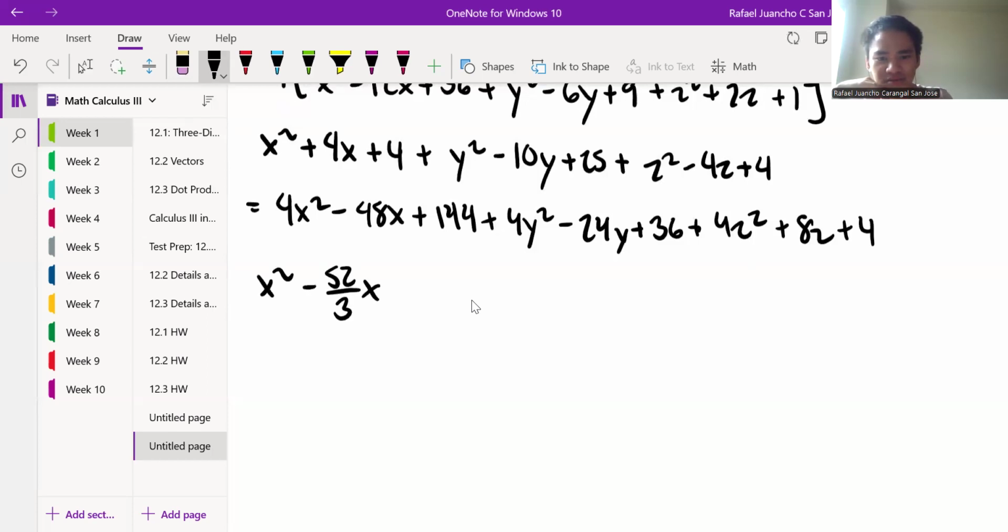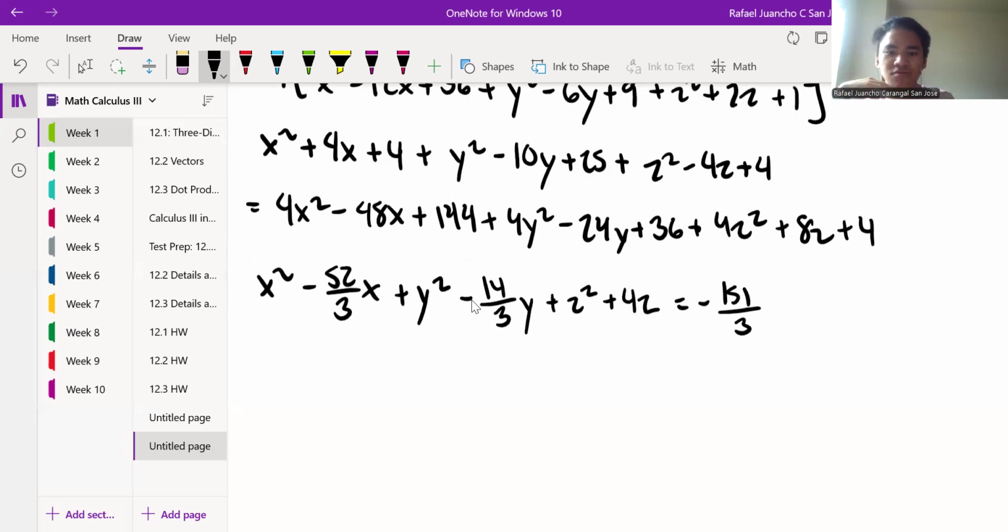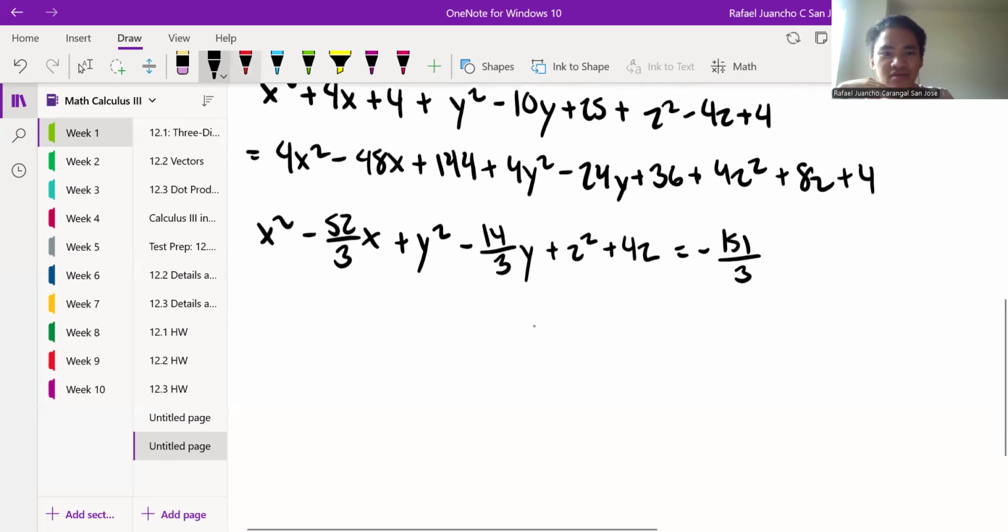This is some long computation, but the idea is just to get the x, y, z on one side and to get all of the numbers to the other side. There we go. So I got all of the x's, all of the y's, and all of the z's on one side.